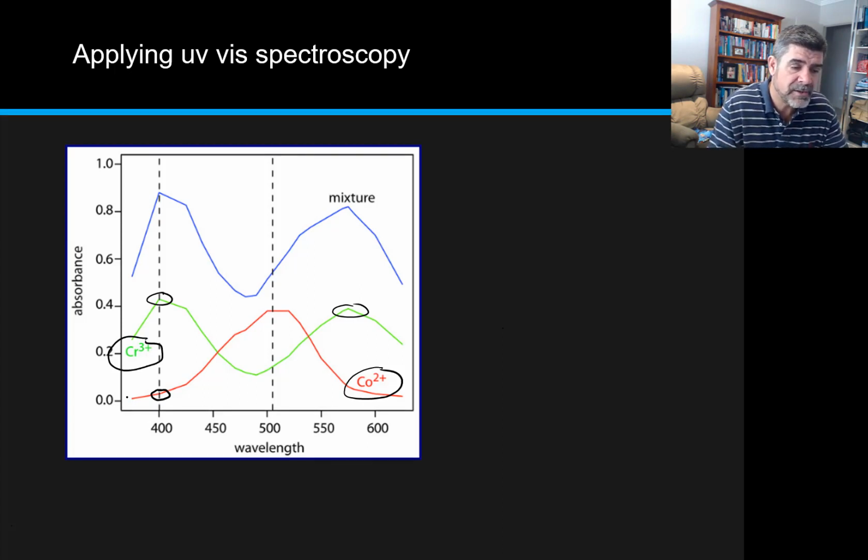Notice though that if we're trying to measure the absorbance of cobalt, that the higher level of absorbance of chromium is going to create a bit of a problem. In fact, trying to find the point which is probably somewhere between here and here, which is the lowest absorbance levels for the chromium and the highest levels of absorbance for the cobalt, is what we're trying to look at.